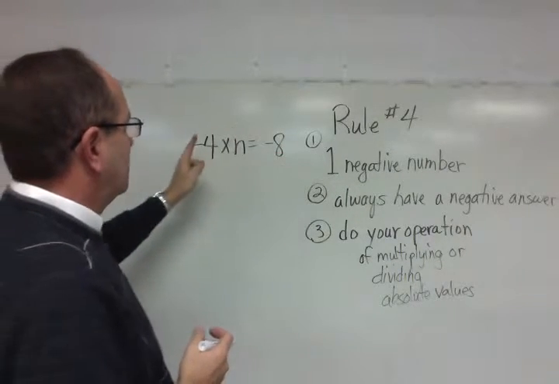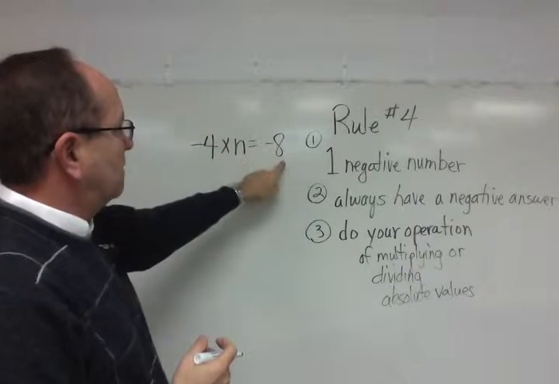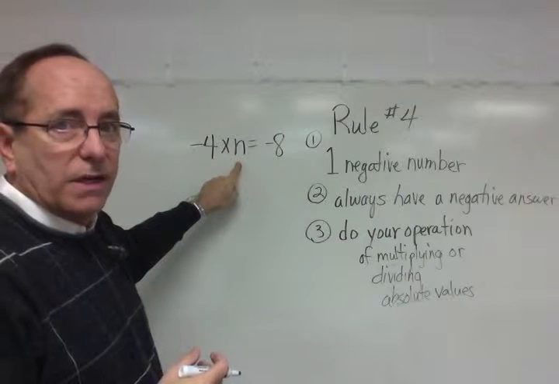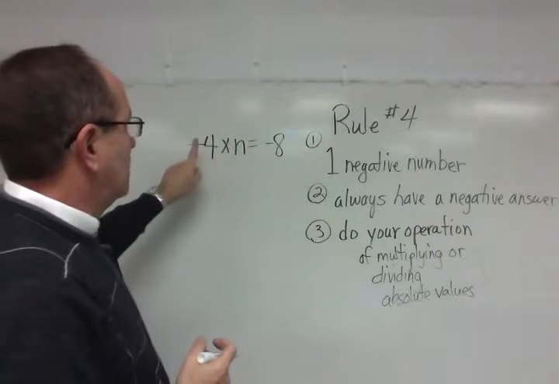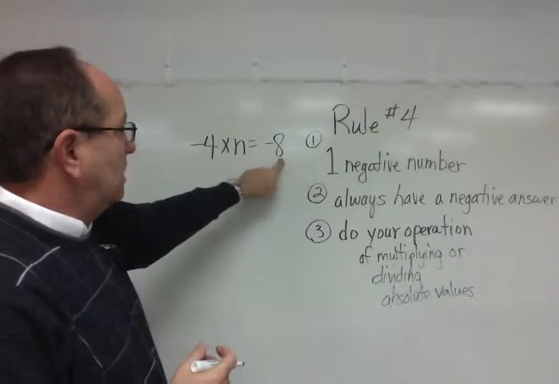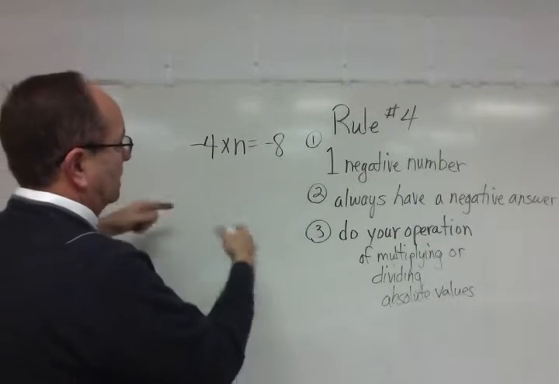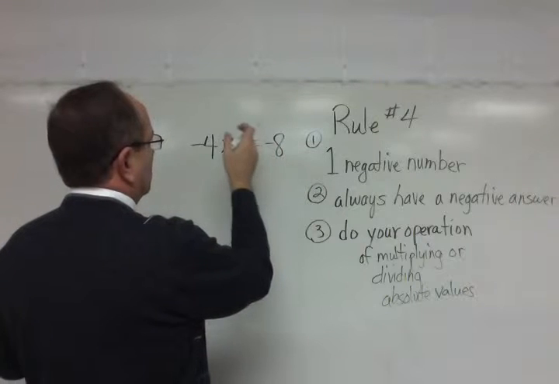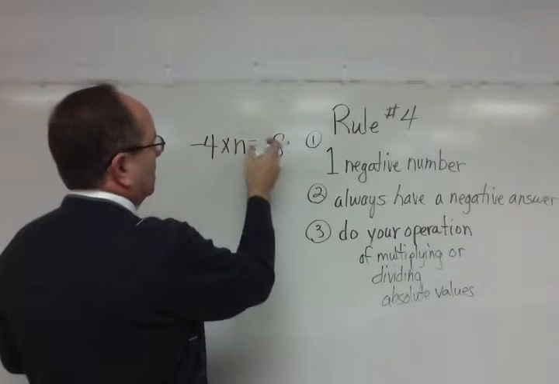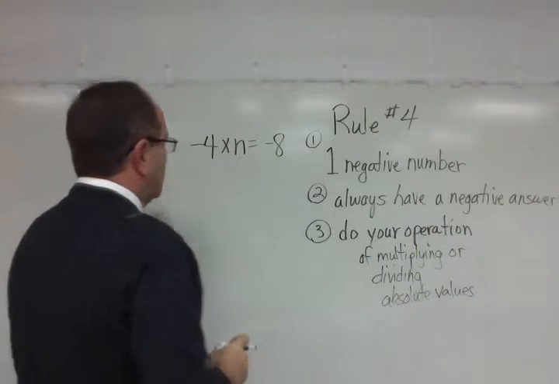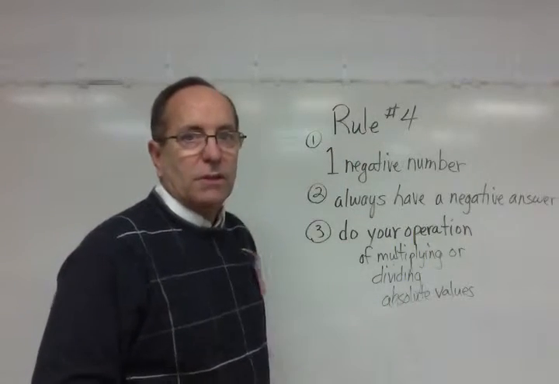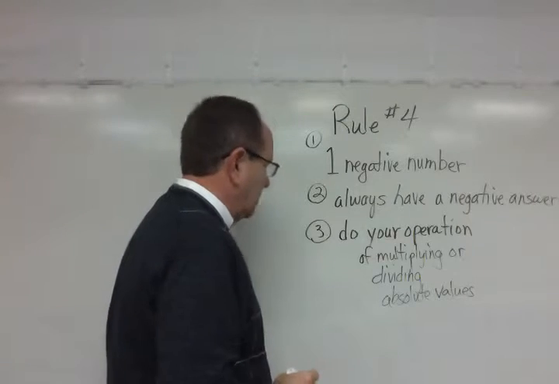So if a negative number turns into a negative answer, then I have to logically think through this and say, oh, wait a minute, that's got to be positive, because one negative is going to give me a negative answer, so that has to be positive. And then you, again, can think through regular absolute value numbers. 8, what times 4 gives me 8, and that would be 2. So you have to think through the process, knowing that rule, that one negative gives me a negative answer.